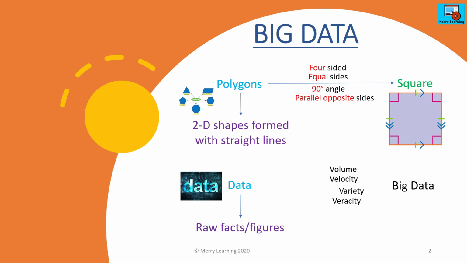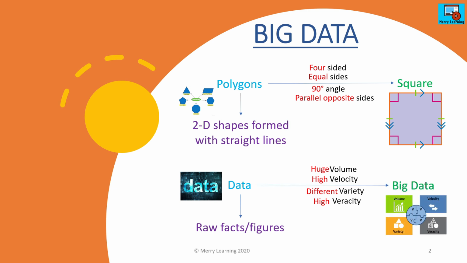The 4 V's listed also have their qualifying factors, which are huge for volume, high for velocity, different for variety, and high for veracity. So, to reiterate, data, which is nothing but raw facts figures, when satisfies the conditions of being huge in volume, high in velocity, containing different varieties, and has high veracity, is called as big data.